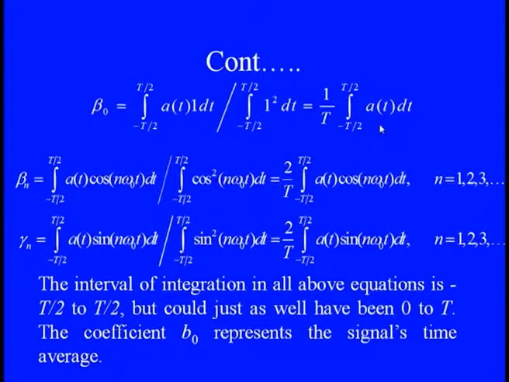And these beta n and gamma n can be straightaway calculated using the cos and sine parameters: integration of A of t cos n omega 0 t dt, and A of t sine n omega 0 t dt.